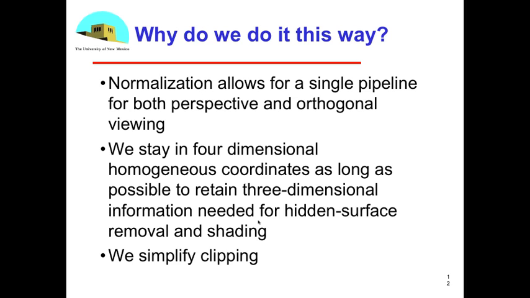Doesn't matter. It doesn't really hurt us. It allows us to have a single pipeline and stay in 4 dimensions as long as we can. So clipping, as we said, comes out very simply. Hidden surface removal will work in the original space, but it works with these objects that I've distorted by these matrices.